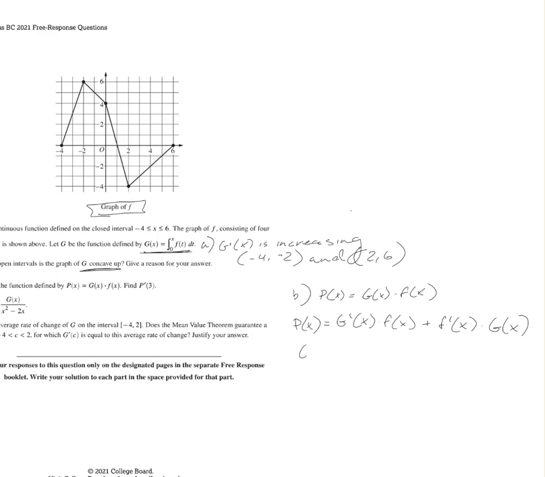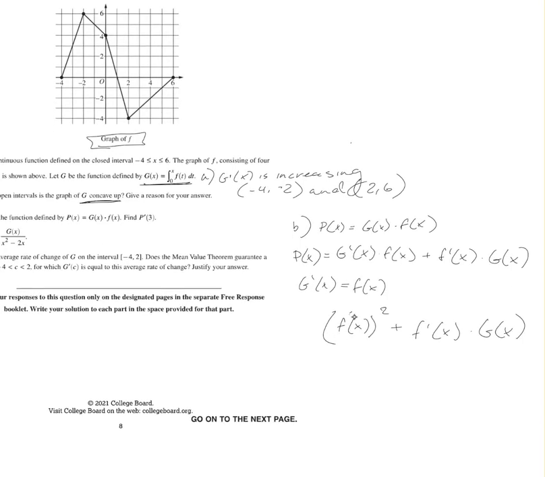And since we know g prime of x equals f of x, we can replace our g prime here with f of x. So we have f of x all squared plus f prime of x times g of x.